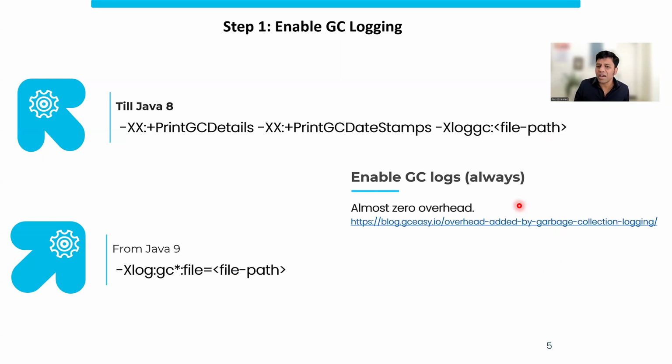And friends, I would strongly recommend enabling GC logging on all your production JVMs, because enabling it adds almost zero overhead. You wouldn't be able to measure the overhead your JVMs incur because of enabling the GC log. Here is a white paper published which shows the overhead it adds, which is almost zero.